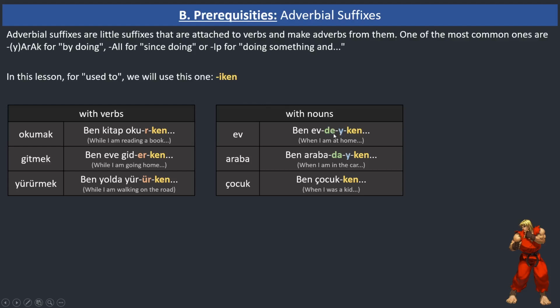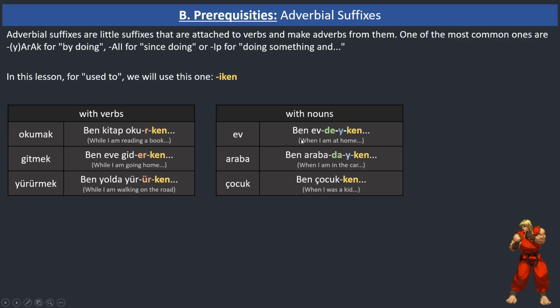So when you combine de and ken, the e transforms into y. Even in old books you may see them separate, like evde iken. But in modern Turkish, recently, we mostly spell them together and it becomes evdeyken. And so, ben evdeyken.